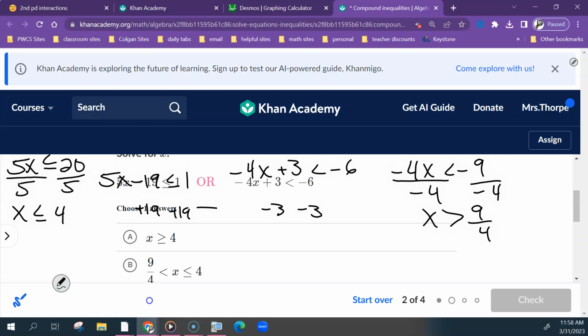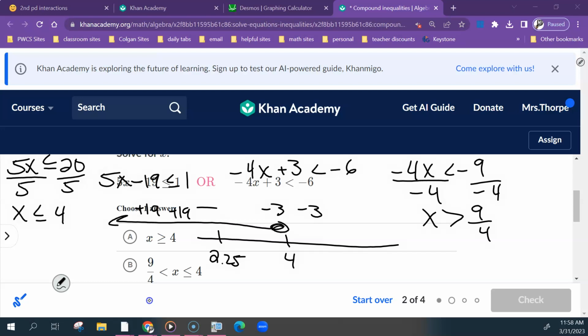oh, 9/4 is in, got it. What is 9/4 as a decimal? So it's less than or equal to 4 and greater than 2.25.